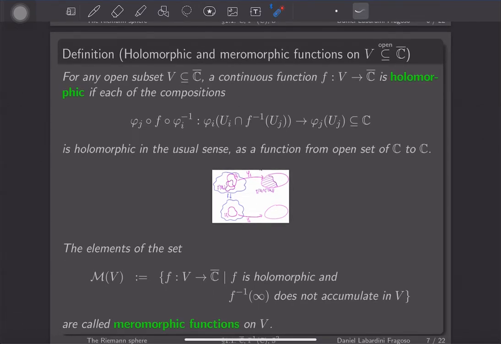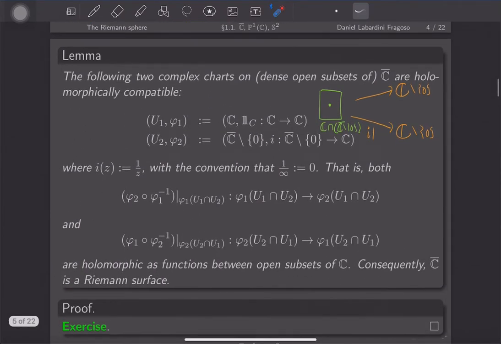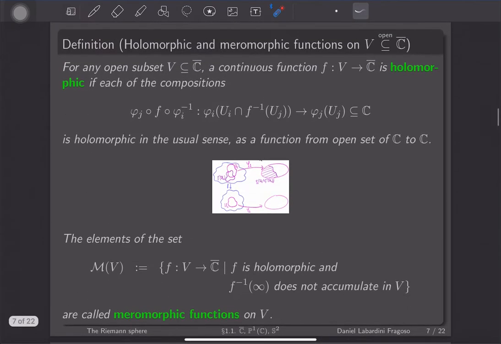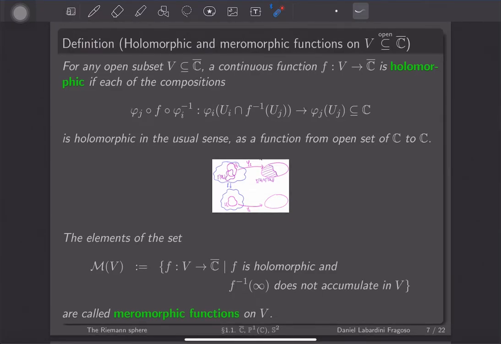This notion is going to be very important because whenever a function is holomorphic, it will be conformal, which means that its derivative is going to preserve angles at the level of tangent spaces.